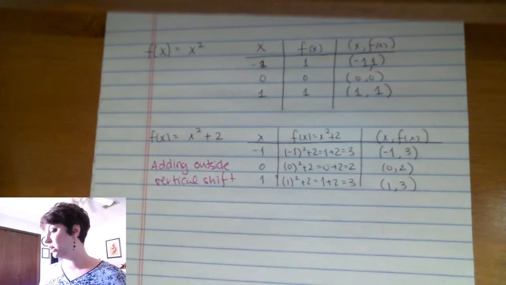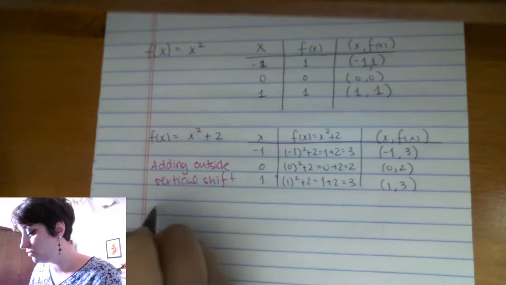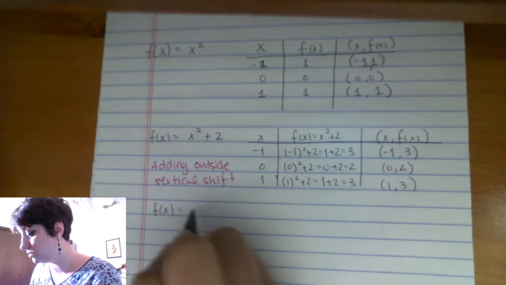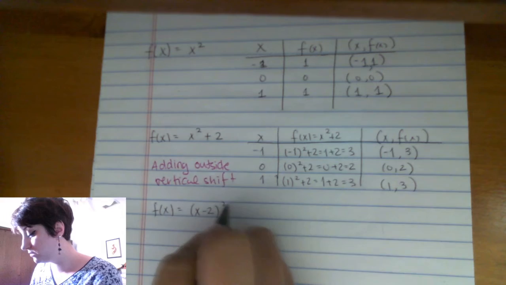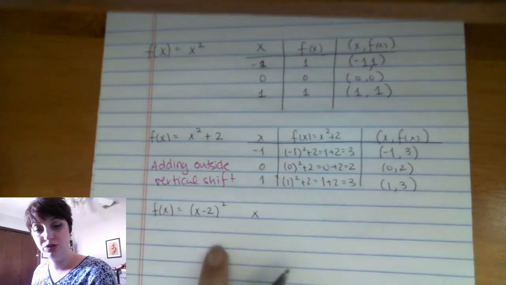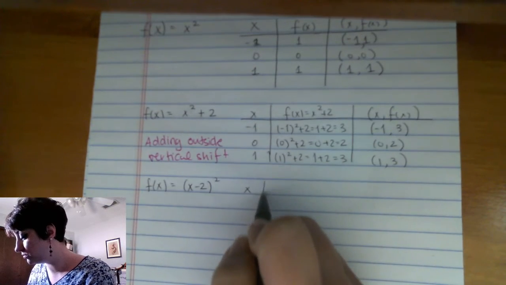Now the other kind of shift you could do would be a horizontal one. So let's do x minus 2.